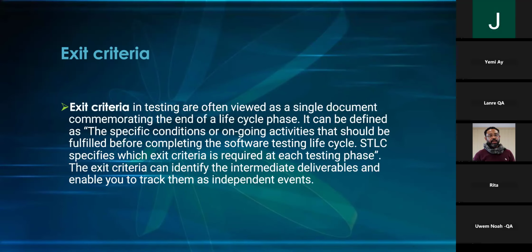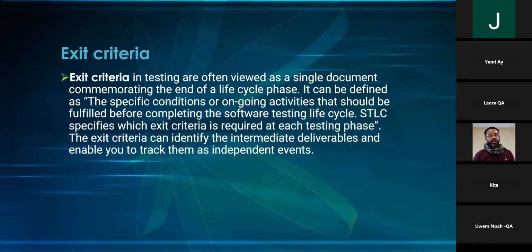That's what exit is. Exit criteria in testing is often viewed as a single document commensurating the end of a life cycle phase. It can be defined as the specific conditions or ongoing activities that should be fulfilled before completing the software testing life cycle.